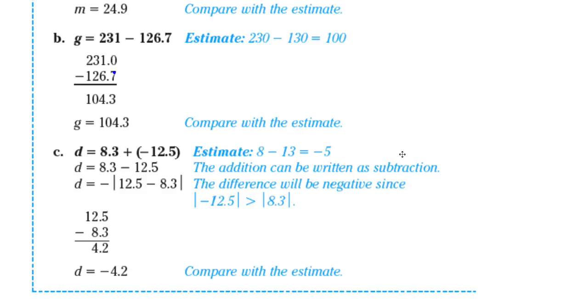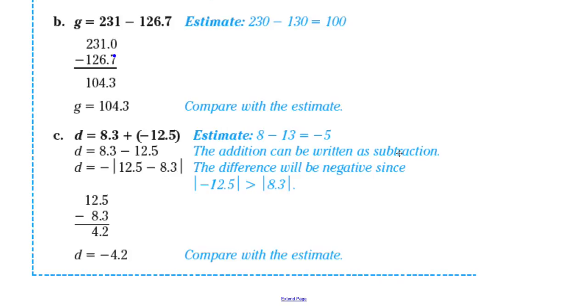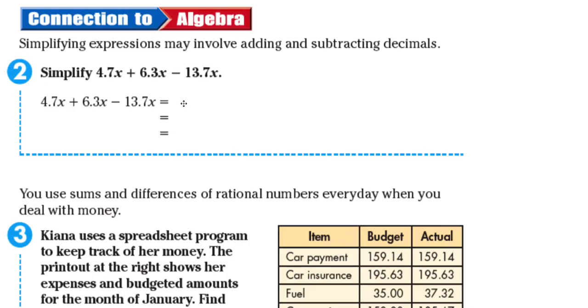If you notice, the rules of integers still apply to what we're doing up to this point. Let's take a look at the last two examples, in connection with algebra. Simplifying expressions may involve adding and subtracting decimals. So you have 4.7x plus 6.3x minus 13.7x. You want to simplify that expression. Using the distributive property, we factor out x.